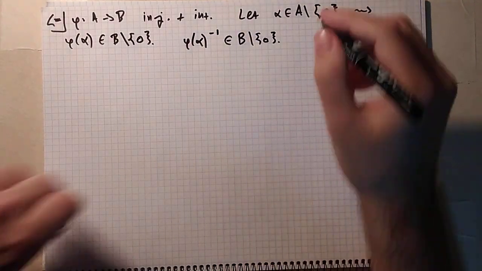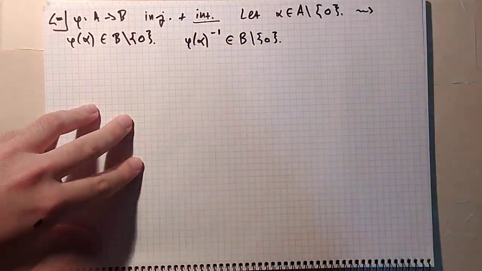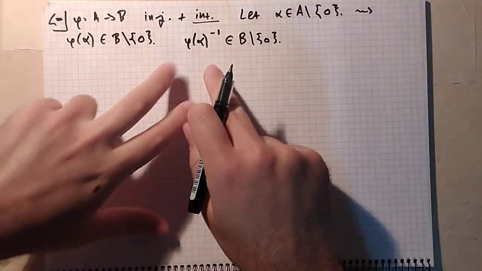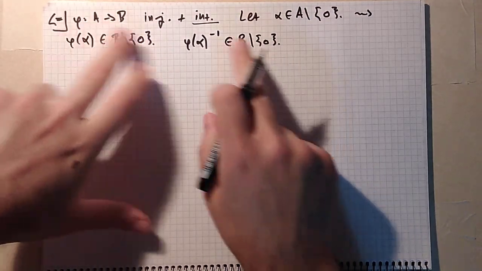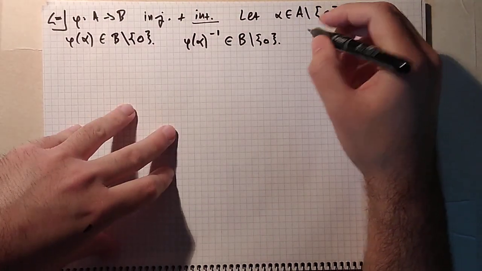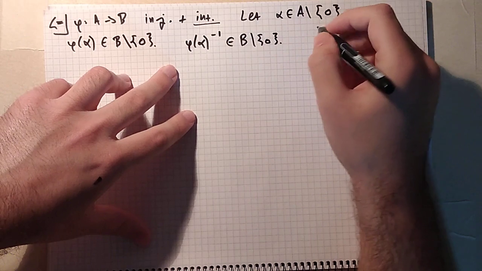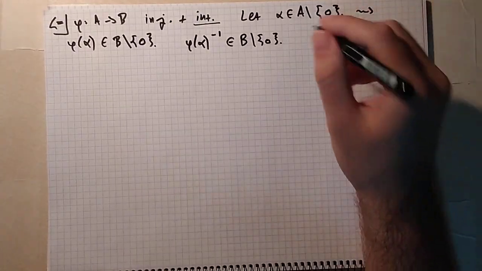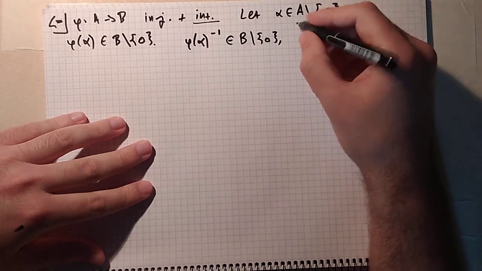Now it's time to use this assumption, the fact that phi is integral. And how do we do that? Well, we have an element that lives in B and phi is integral, therefore this element satisfies a monic polynomial equation with coefficients in A. So let me just write this immediately.